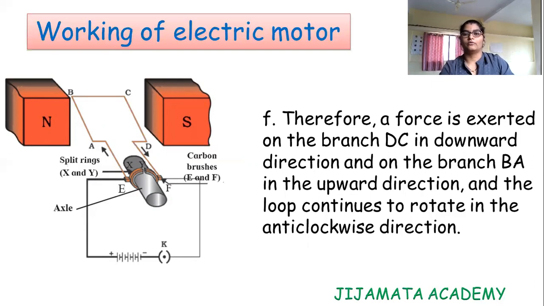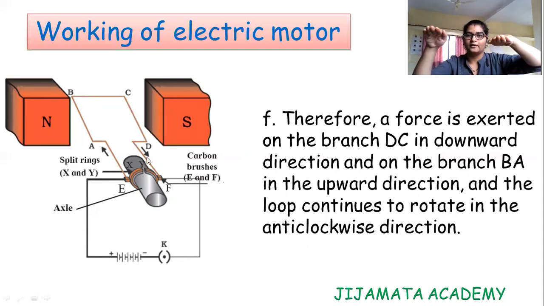So a force is exerted on the branch DC in downward direction. As the direction of the current is changed, it has become opposite. Earlier, the DC branch was feeling a force in upward direction, but due to the change in the current, it is now feeling force in downward direction, and AB is feeling force in upward direction. So the forces are changed because the branches have changed places.